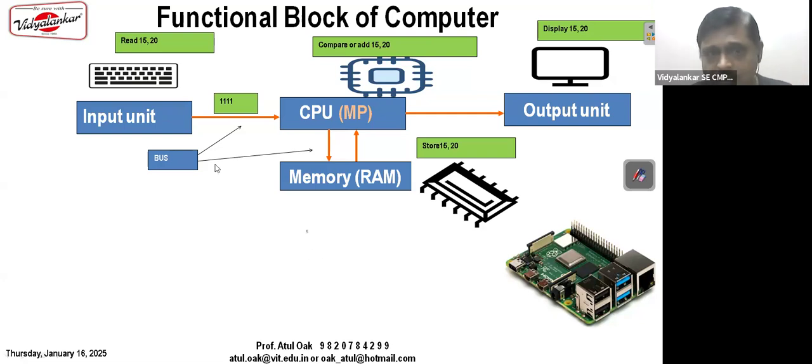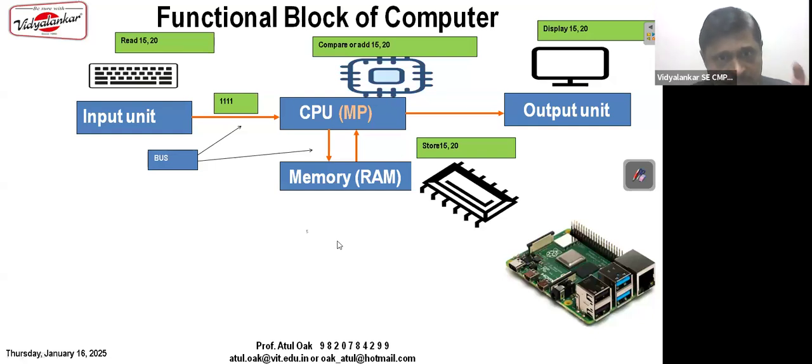I repeat, bus means group of metallic conducting paths. That means conductors, copper conductors or wires, because bus sometimes comes outside, to share, to communicate data between different functional blocks.